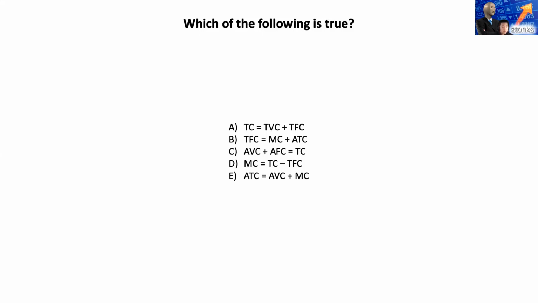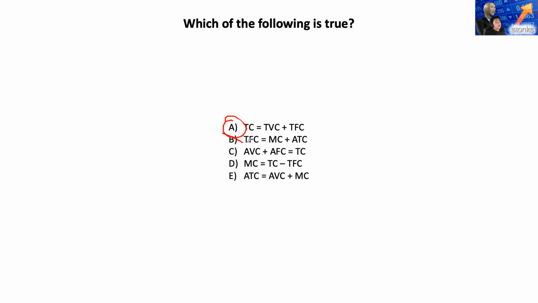So we have a decent amount of answers. And it is A, so total cost equals total variable cost plus total fixed cost. Let's look at B. Total fixed cost equals marginal cost plus average total cost. Okay, that just doesn't add up. And average variable cost plus average fixed cost equals total cost.